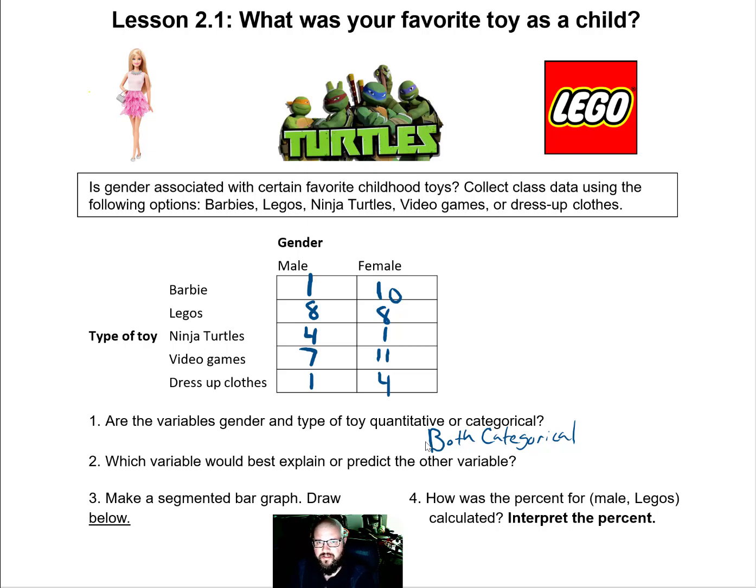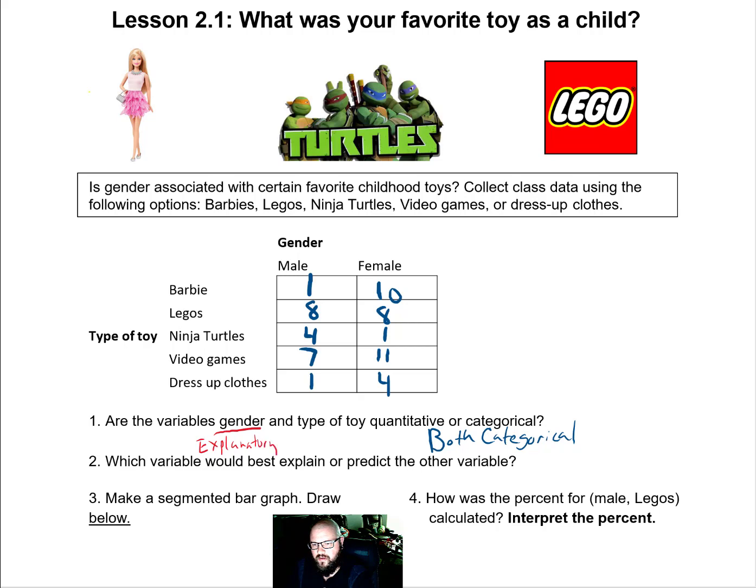So with this, let's think about this a little bit further. What about the type of gender or the type of toy, what explains and what gets a response? Well, in this case, the gender is our explanatory variable.